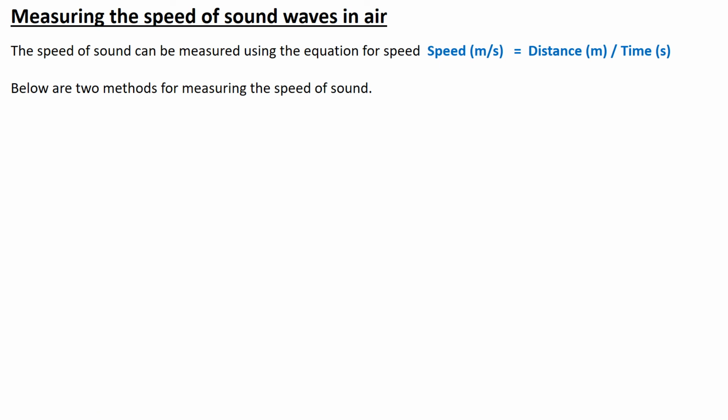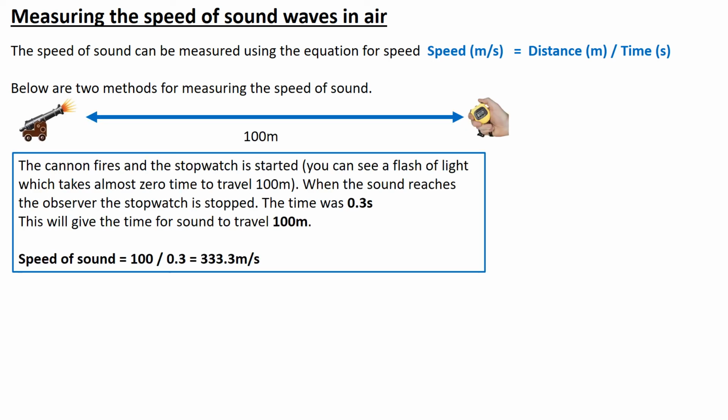So, measuring the speed of waves in air. Now this can be really difficult to do, so we're going to look at 2 methods of doing this. First of all, we can use a stopwatch, and we can then time the sound once it gets to a certain distance. We need quite a large distance because sound travels very, very fast, and we need to factor in human reaction time.